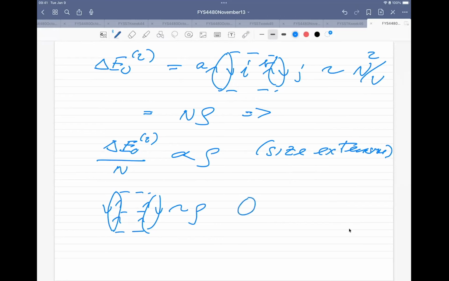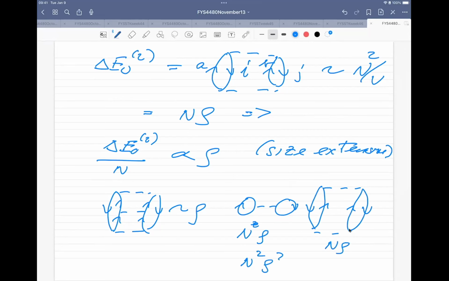But if I take this term here, which is the unlinked diagram, which actually gets cancelled, so we don't retain that when we perform the summation over all different terms. This term here is proportional with n times rho, and this term here is also proportional with n times rho. So what I'm getting then is a term which will go like n times rho squared.